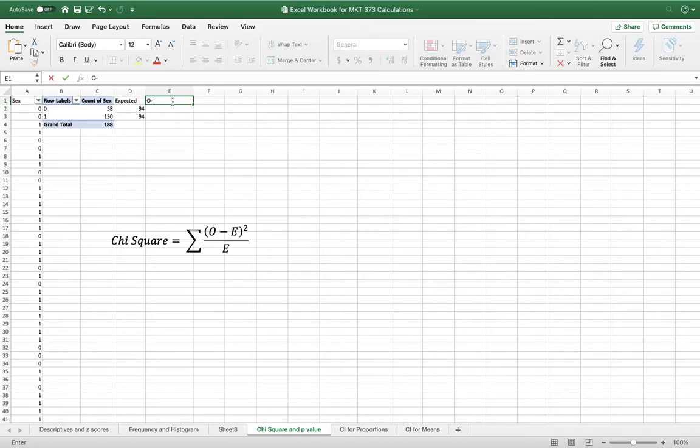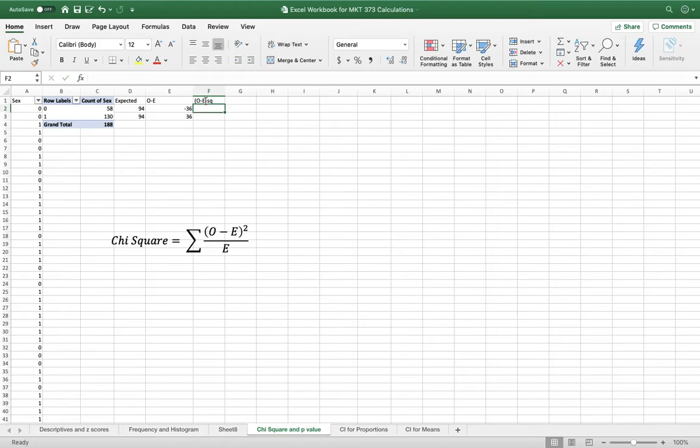So step one of the chi-square is to subtract the expected out from the observed. So we take 58 minus 94 and 130 minus 94. And we have our observed minus our expected. The next step is to square the observation, O minus E squared.